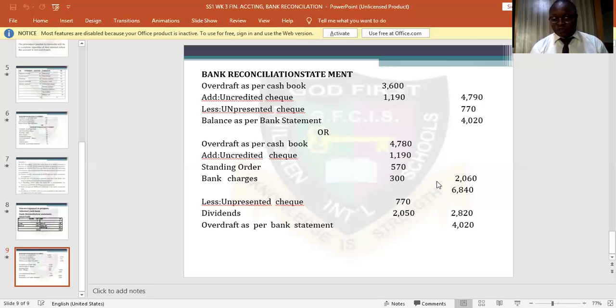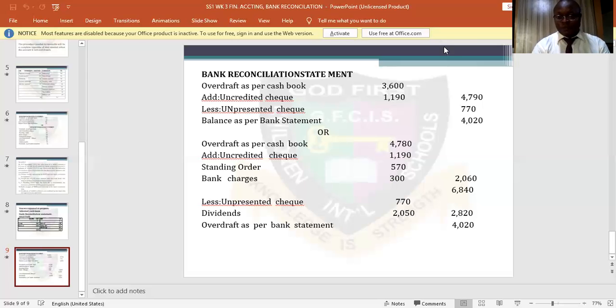When you subtract 2,820 naira from 6,840 naira, you are going to get 4,020 naira. So with either of the two methods, you still get the same balance. This is the first method, 4,020 naira, and this is the second method, 4,020 naira.